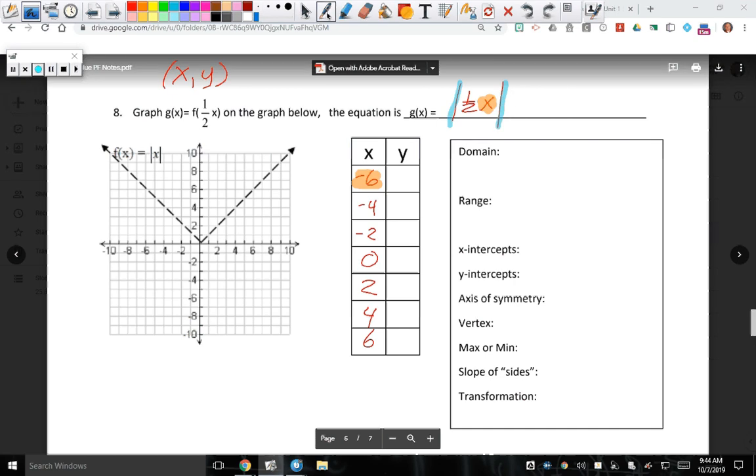So I have a -3 right now, but after the absolute value is applied, what would I have? A +3, right? So it'll be a +3. There we go. -4 times 1/2 is a -2. I absolute value that, and I get a +2. You with me? Michael, do the next one.